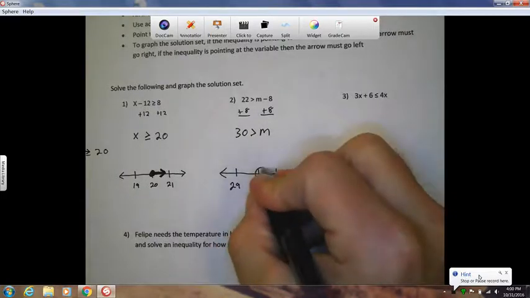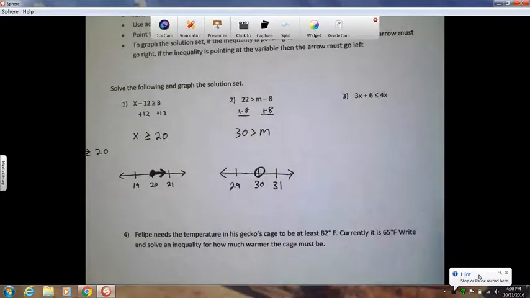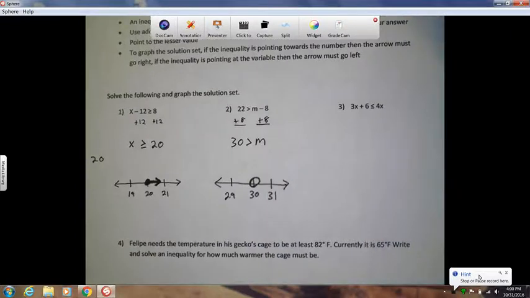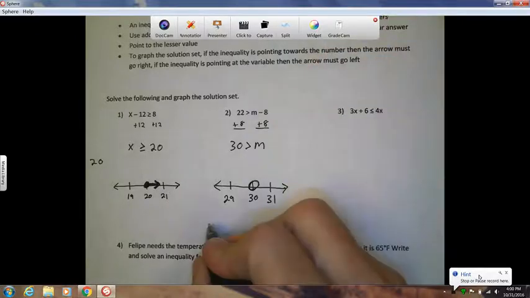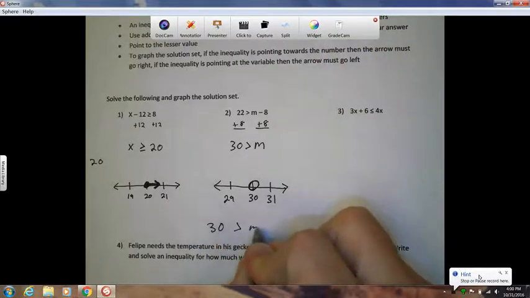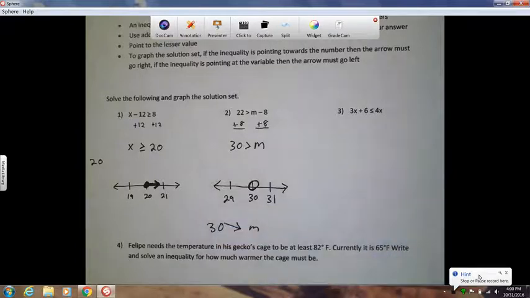Now I need to decide, does my arrow go left or right? If the inequality is pointing towards the number, it must go right. If it's pointing at the variable, and I make that into an arrow, it's pointing at the variable. So the arrow must go left.